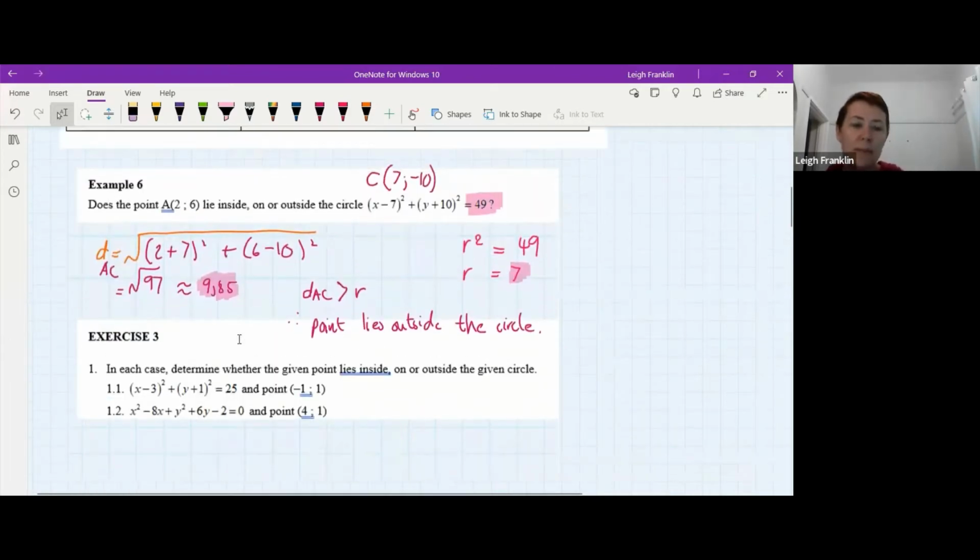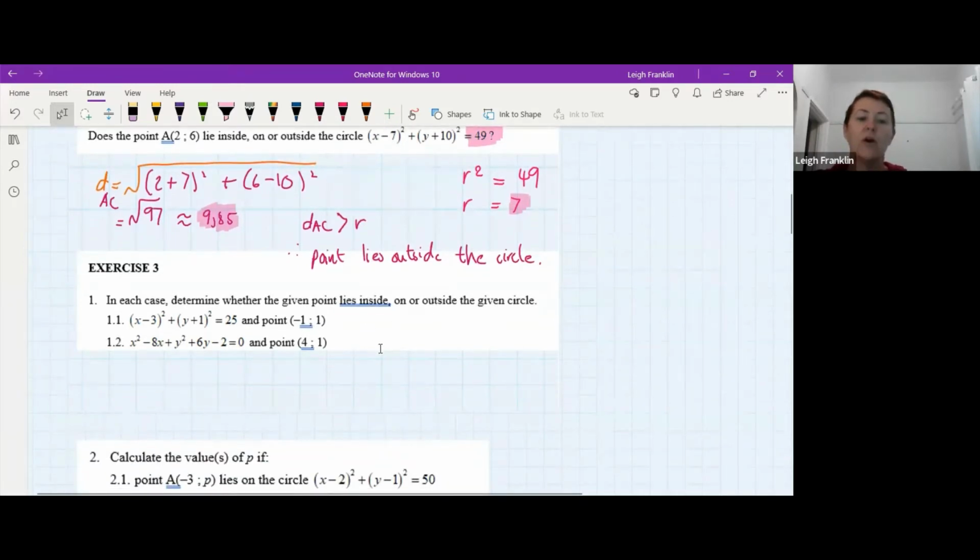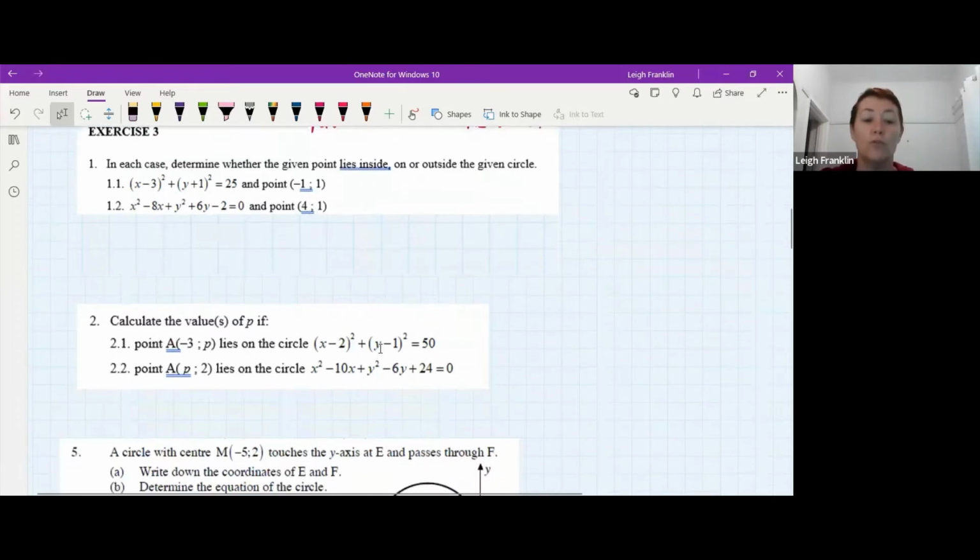Does that make sense, everybody? Are there any questions you want to ask? Okay, in that case, I've given you one of two questions to try. You're either going to do 1.1 or 1.2. 1.2 is a slightly more difficult question. So this one would be the green and easy, and this one the slightly more difficult question.